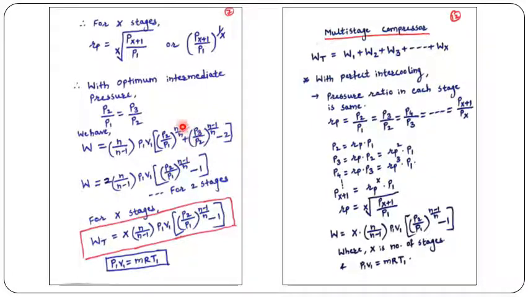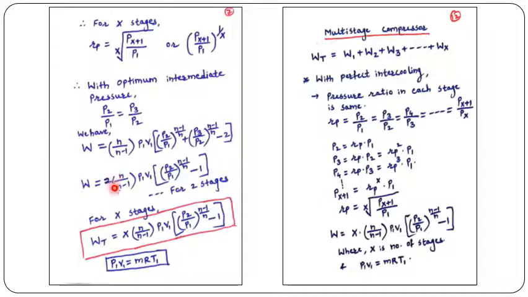So, I have a reduced expression which is 2 into P2 by P1 raised to n minus 1 by n, minus 2. If I take 2 common, for a 2 stage compressor, the work required is equal to 2 into the work required for any one stage. If I consider it as the first stage, then it will be 2 into n by n minus 1 P1 V1 into P2 by P1 raised to n minus 1 by n, minus 1.